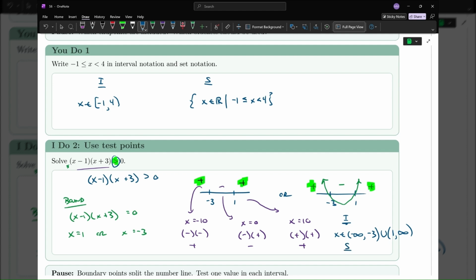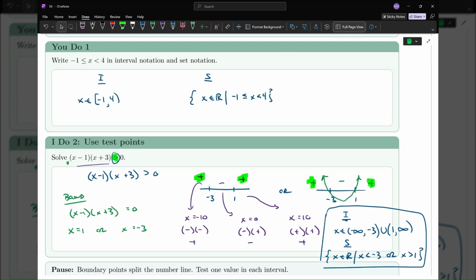Set notation, very similar, says x is a real number such that x is less than -3 or bigger than 1. Notice I do have to write those 2 pieces. So either one of those is fine. Be able to do both, be able to read both, but they're both fine.